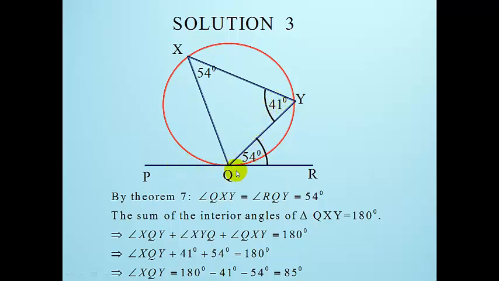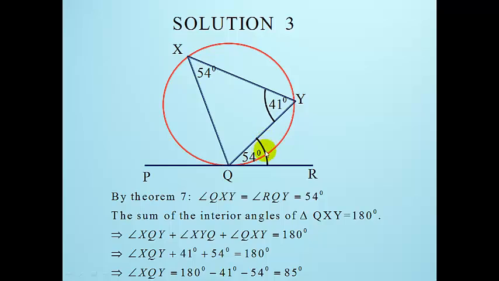Now PQR is a tangent to the circle at point Q, and you know that QY is a chord. The angle that the chord QY sustains at the point X on the circumference is 54, and so we know from Theorem 7 that the angle between the chord QY and the tangent line PQR are the same.